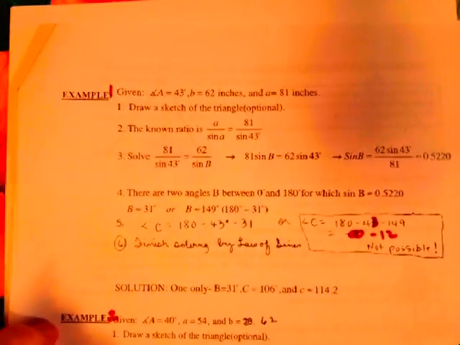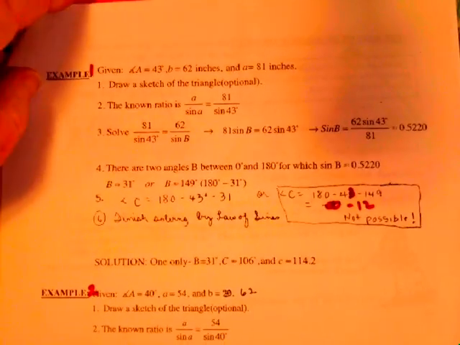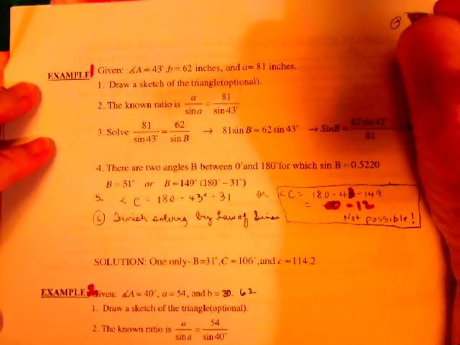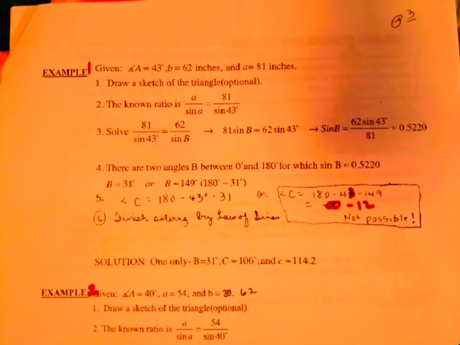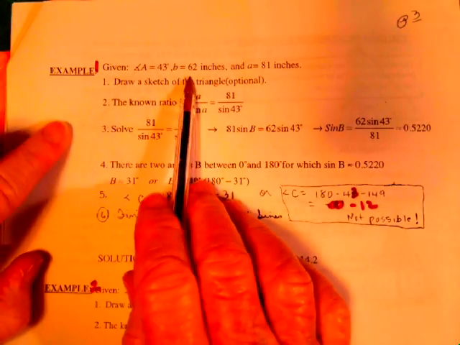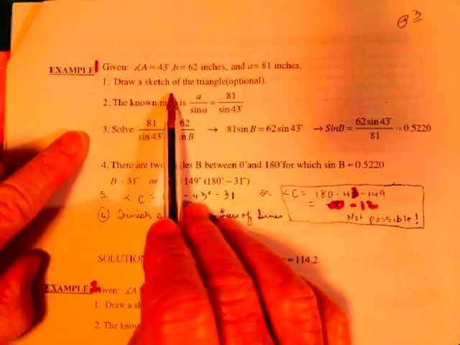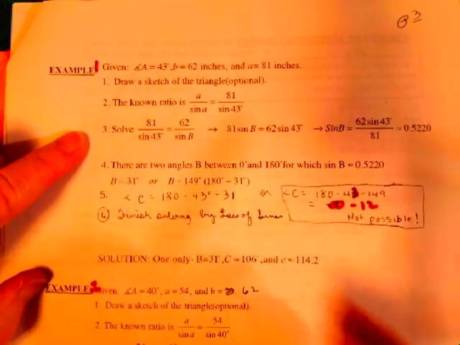Now, let's look on the next page. This is page 3 of our handout. If we're given angle A equals 43 degrees, B is 62, and A equals 81, we could draw a sketch or not draw a sketch.